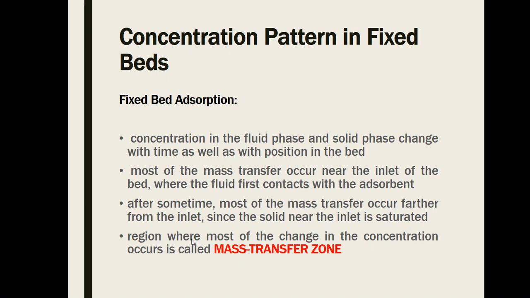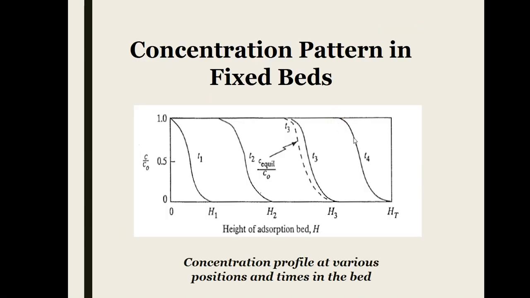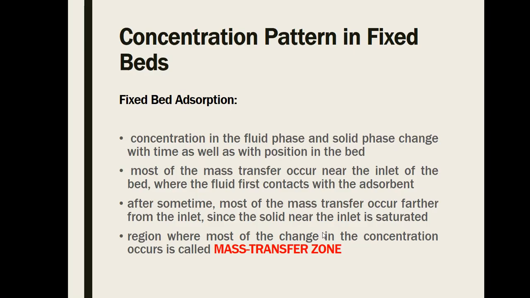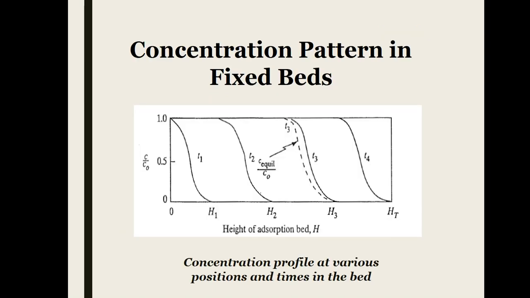Now, the region where most of the change in the concentration occurs is referred to as the mass transfer zone. I think it is best explained here. The region in which there is greatest increase in the concentration of the solute being adsorbed in the adsorbent is the mass transfer zone. So this is one mass transfer zone.